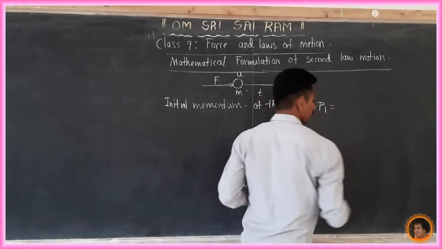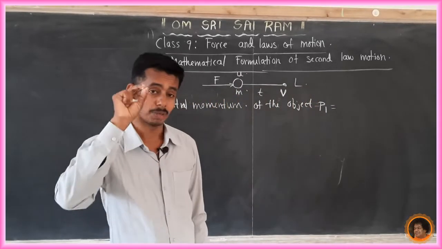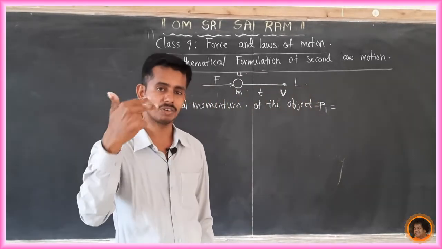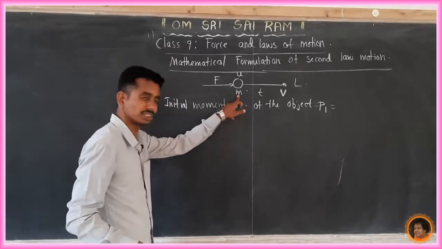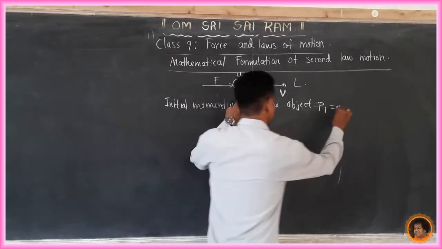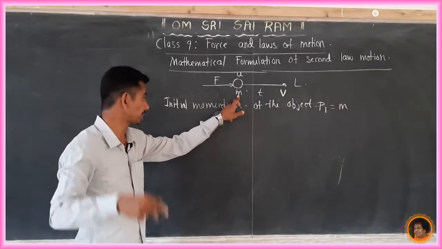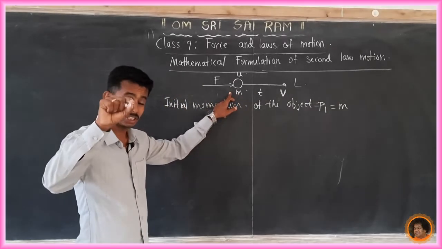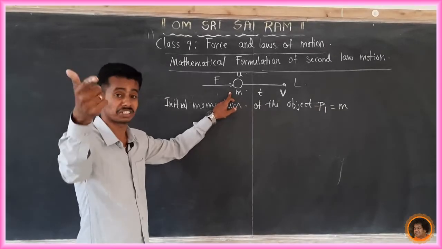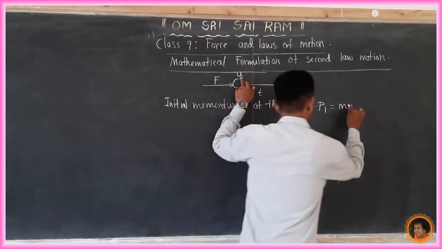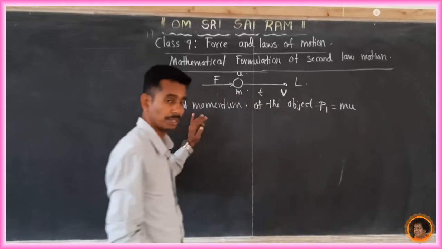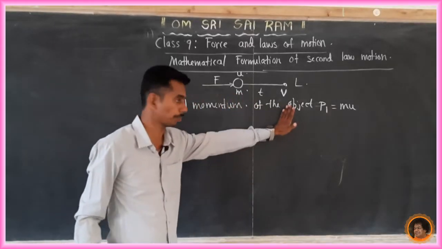It is equal to the product of mass and velocity. The mass is m. What is the velocity when the object is at rest? It is u, the initial velocity, very important. Initial momentum of the object p1 equals mu.